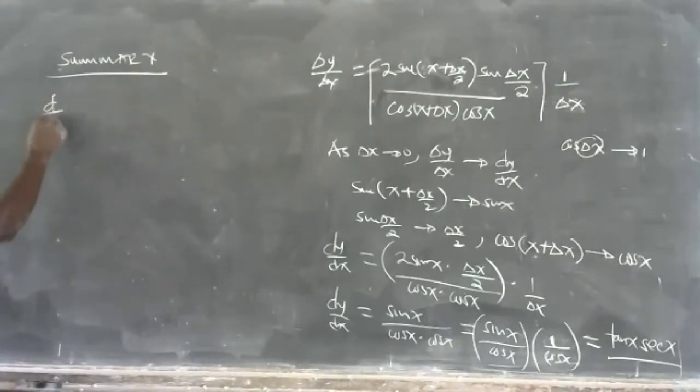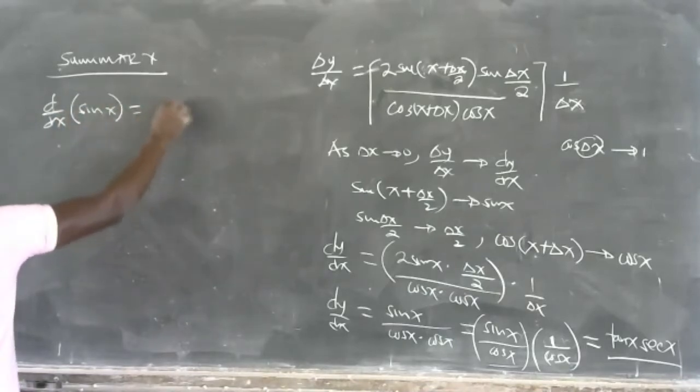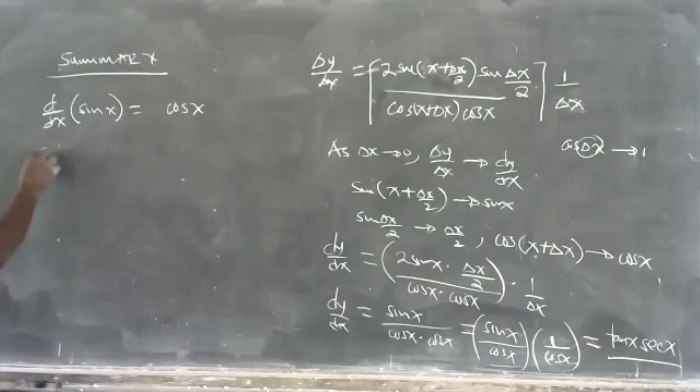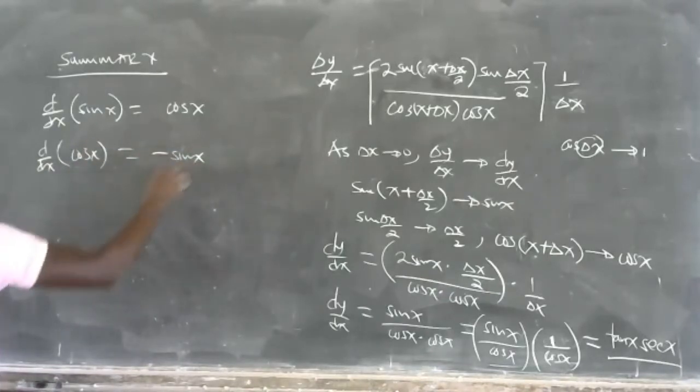DDX. Here we got a cos of x. DDX of cos of x is negative sin x. This one should be in your head. On coming in there, I'll be at the gate. I'll ask you, differentiate what you get. If you fail, you go back.